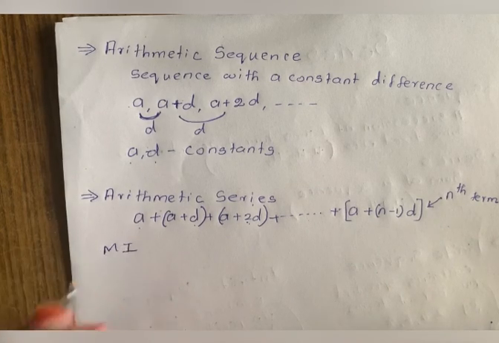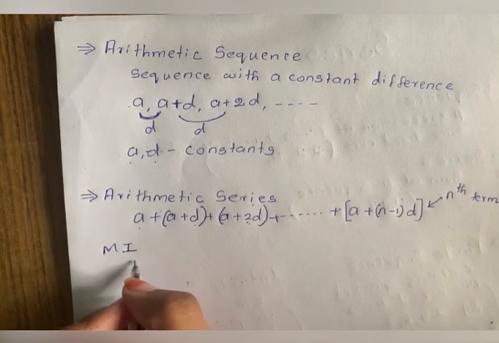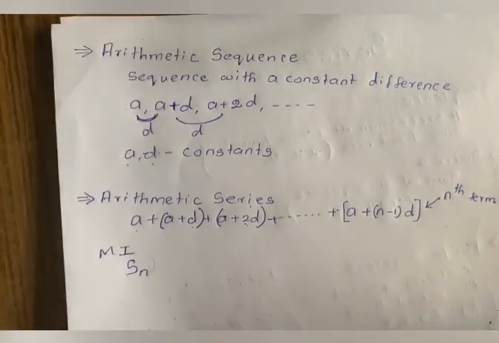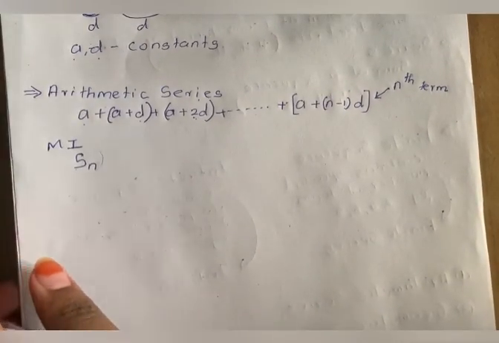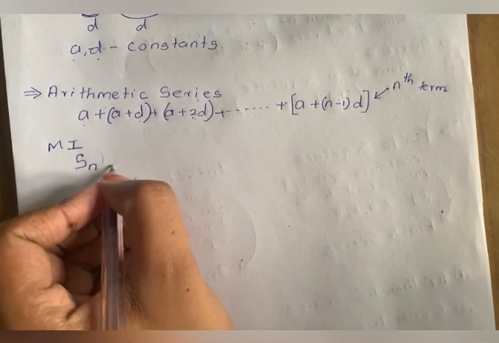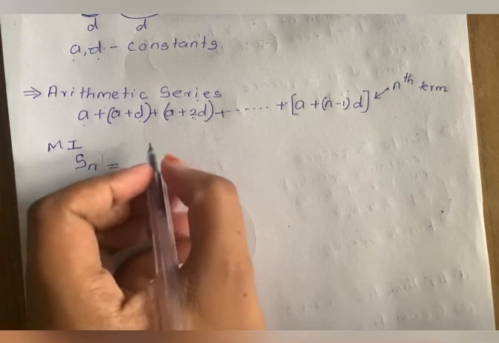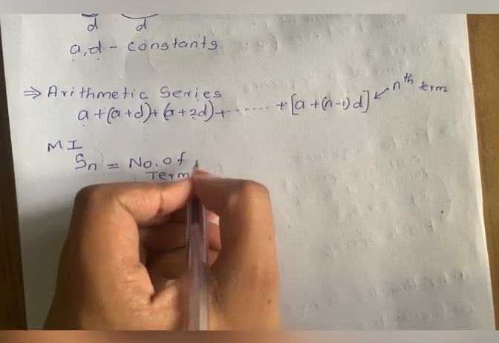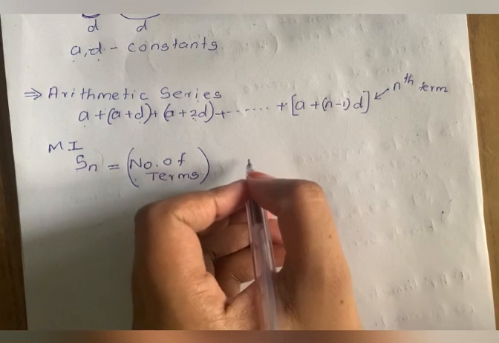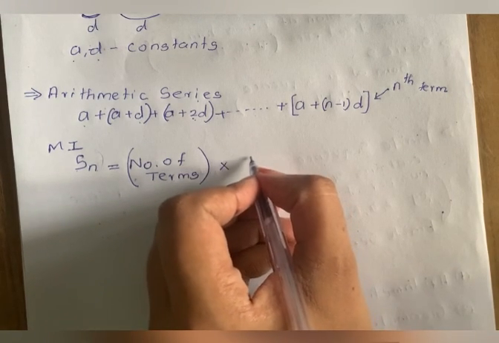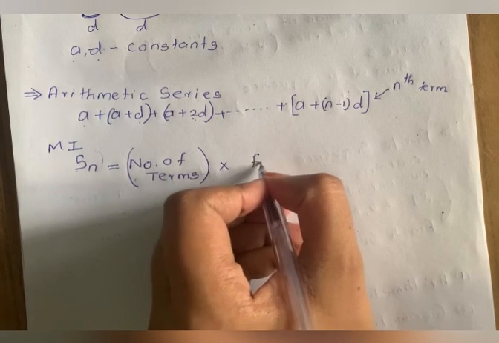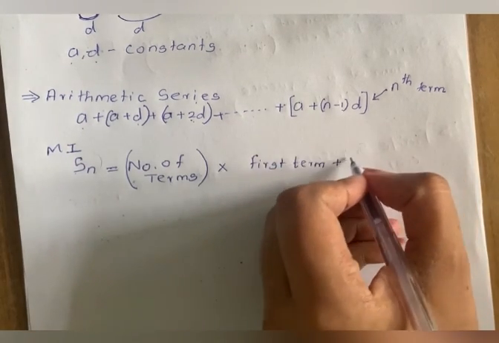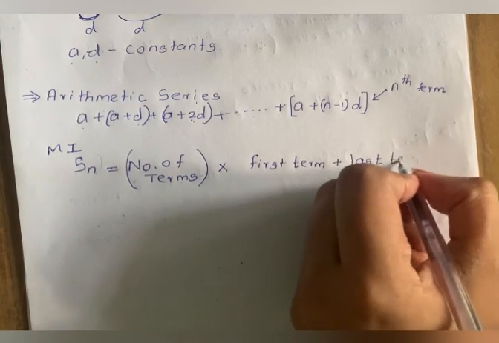In the first method, the sum of n terms is written as Sn. Sn is equal to the number of terms into the addition of the first term and the last term, divided by 2.